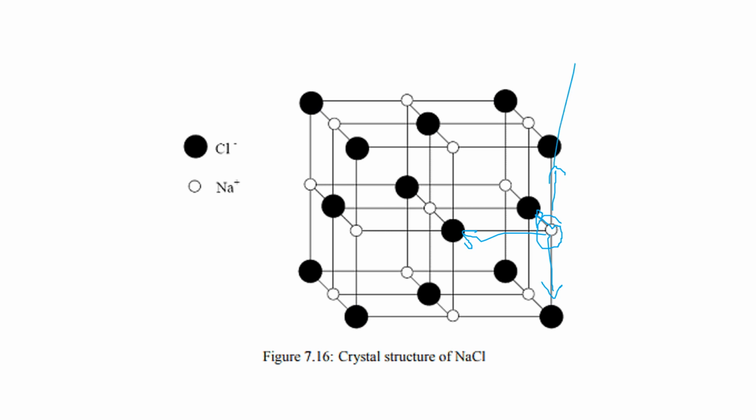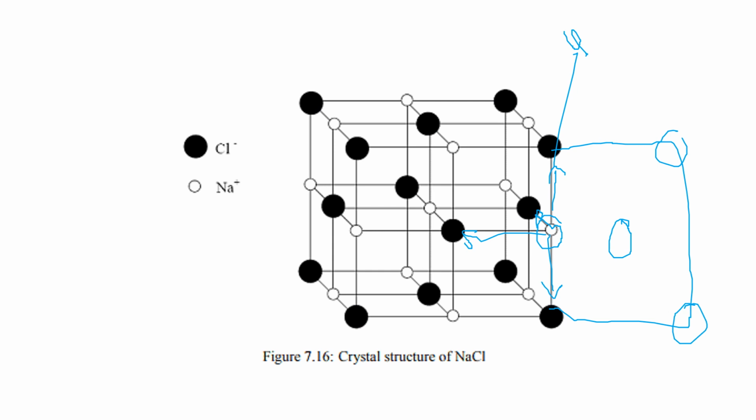How many Cls? 4. Now it is common sense that there would be another unit cell connected to it, in which we also have Na here, here, here, and so on.